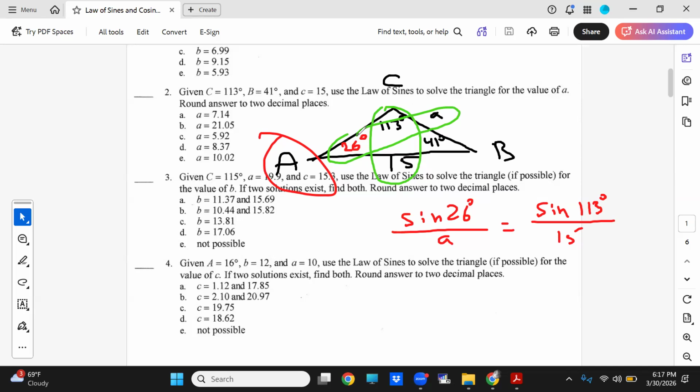How would I plug this in? So I would cross multiply. Correct. So then sine 26 times 15.